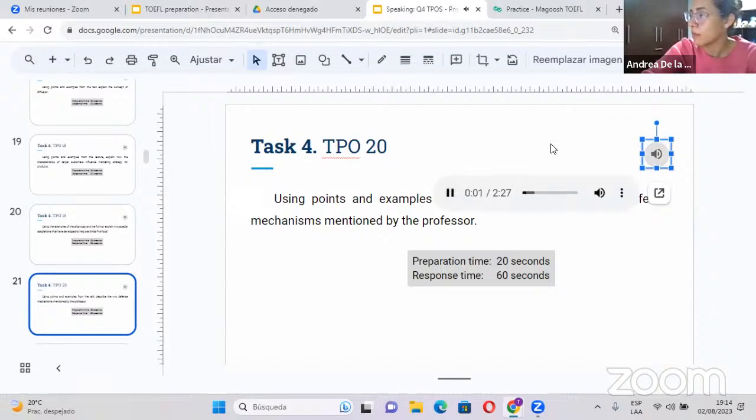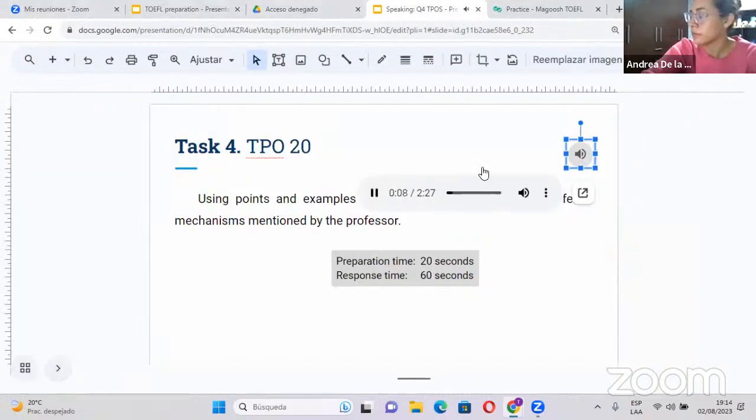Now listen to part of a lecture in a psychology class. When people are in difficult situations, sometimes they experience feelings of helplessness or psychological pain. So what do they do? They unconsciously use strategies called defense mechanisms to protect themselves psychologically from their painful emotions.